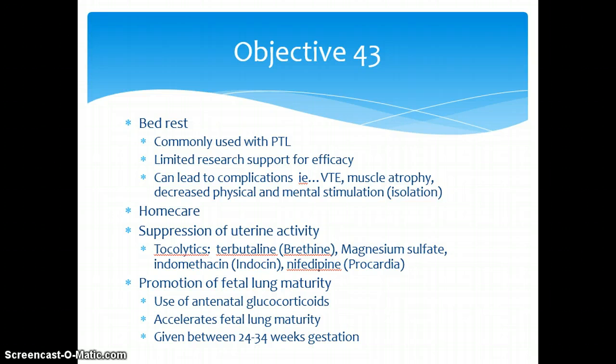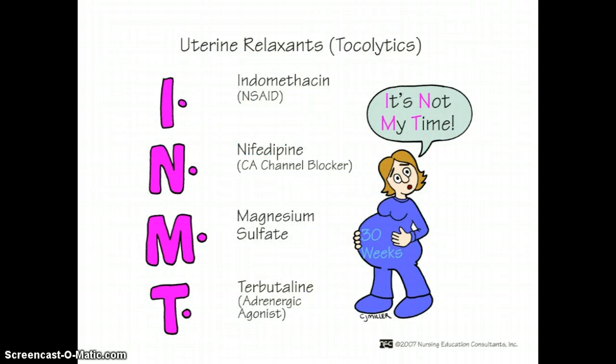It's important to know, again, the adverse reactions and the nursing considerations with using any of these medications so you can readily inform the patient as to why these medications are going to be used and the side effects of these medications. Uterine relaxants, again, tocolytics. It's Not My Time: indomethacin, nifedipine, magnesium sulfate, and terbutaline.